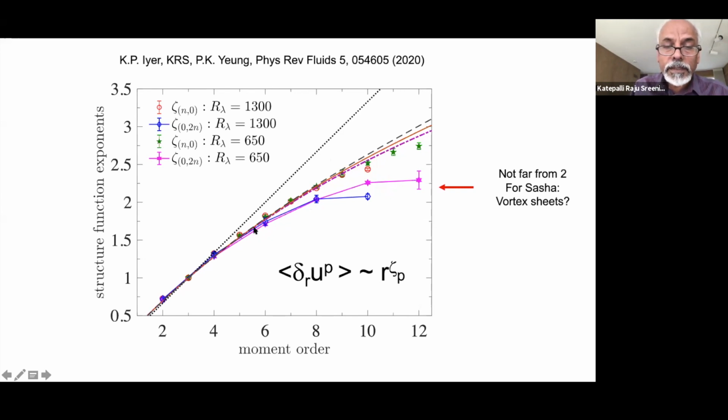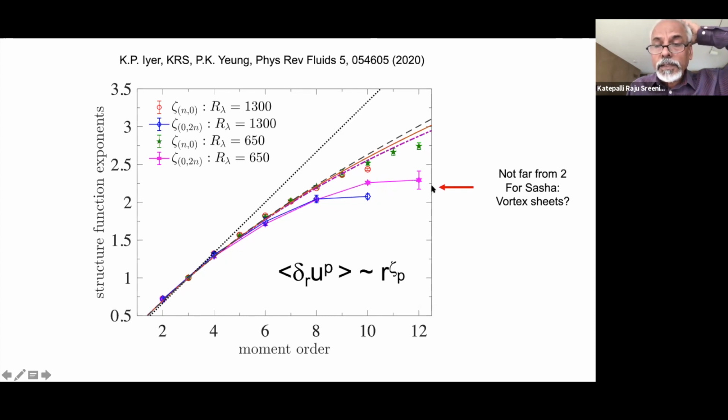If, on the other hand, I take these so-called transverse structure functions, where the velocity difference is across the separation distance, then they clearly saturate. They do saturate here, and the saturated value is around 2.6 or something like that. It's not very far from 2.